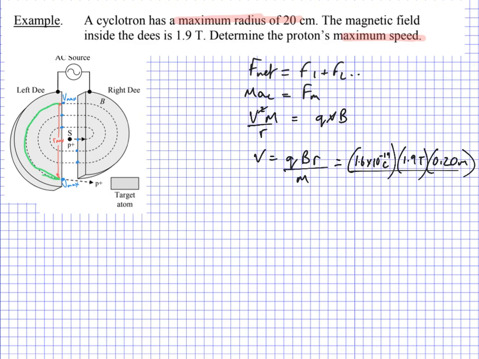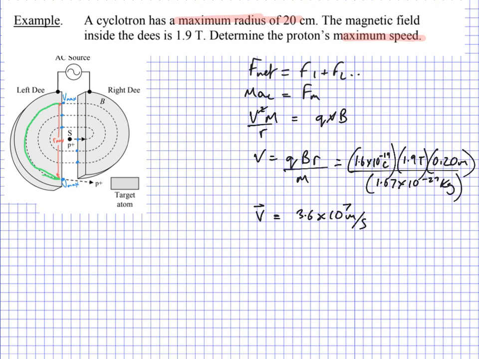And then I'm dealing with a proton, so the mass of a proton is 1.67 times 10 to the negative 27 kilograms. And that's going to give me a velocity here as the particle leaves the cyclotron of 3.6 times 10 to the 7 meters per second. That's two significant digits.